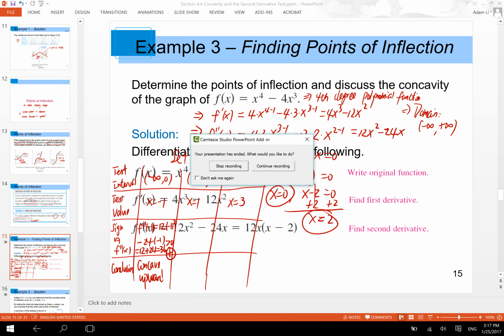There's VCR still? They're gonna get rid of all those VCR videos. Pretty old fashioned.